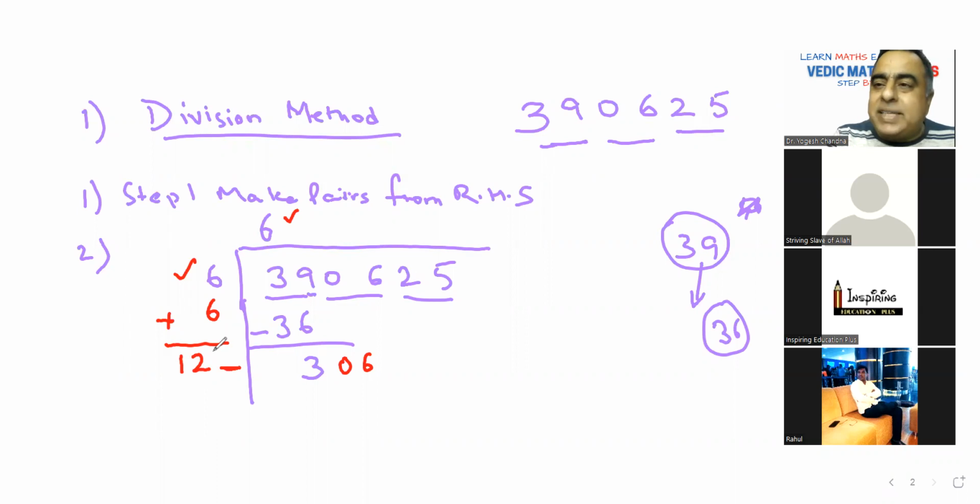Now this is what is missing in our school books. So we are not able to understand how this 12 comes. They have not given this clarity anywhere. Up till here, any doubt?